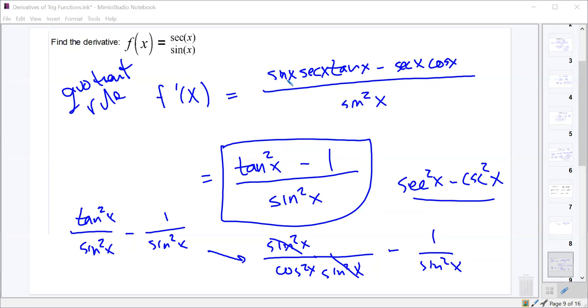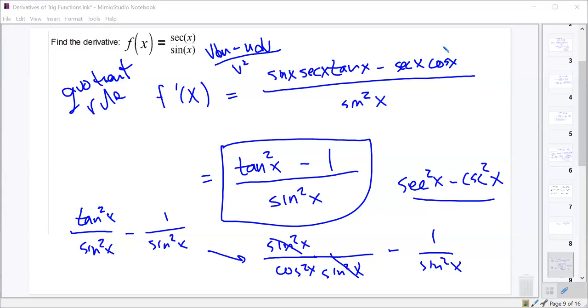And then the derivative of u, the derivative of the numerator, the derivative of secant is secant x tangent x, minus the numerator secant x times the derivative of the denominator, cosine x, over the denominator squared. So v du minus u dv over v squared. Does that help? Cool.